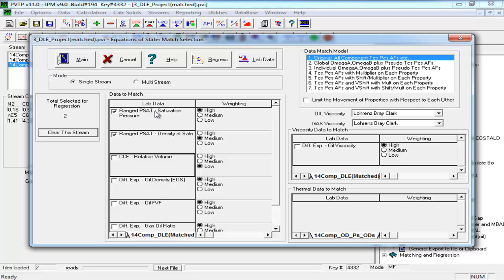Now we will try to match the DLE while keeping those matches. So don't forget, you have to keep those. So I will ignore this. What about oil density at differential liberation? We don't want it. What about this?